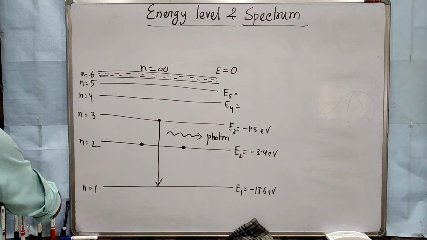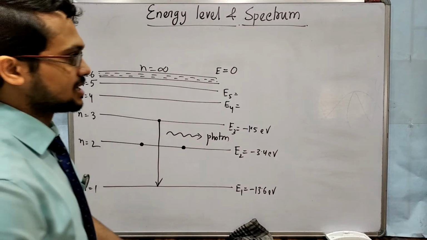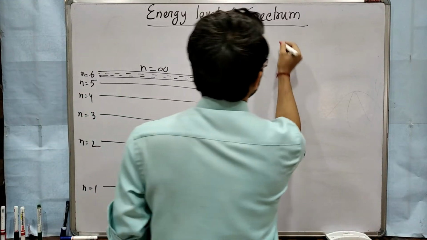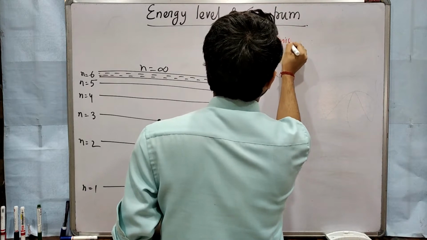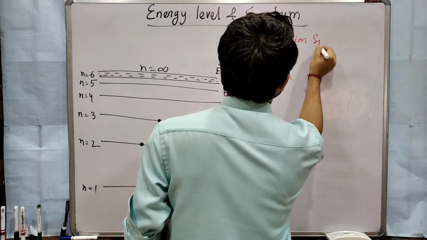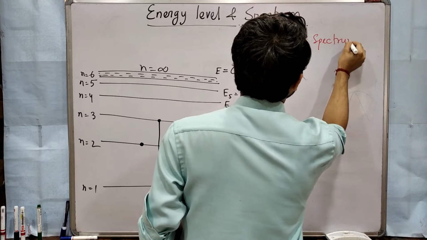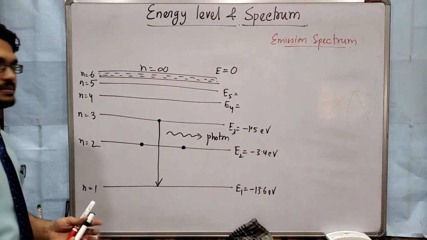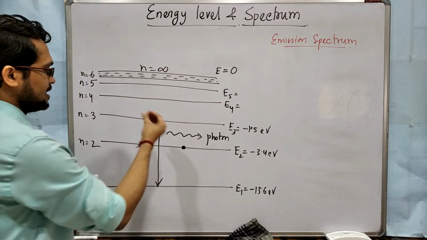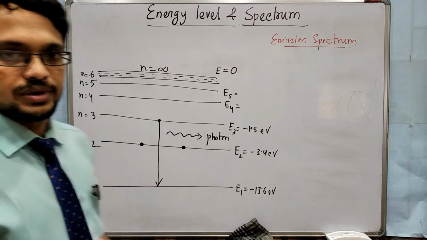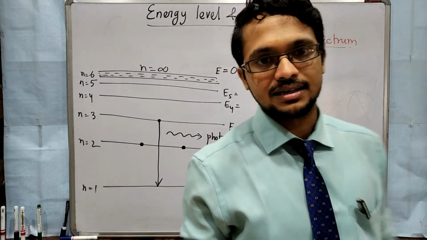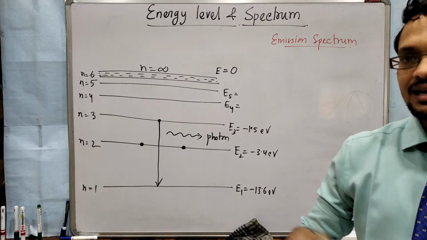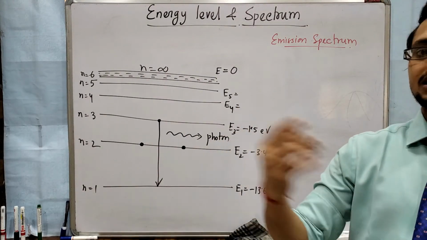So here we can get two types of spectrum. One is the emission spectrum. Emission spectrum means that when an electron comes down from a higher energy state to a lower energy state, radiation comes out.